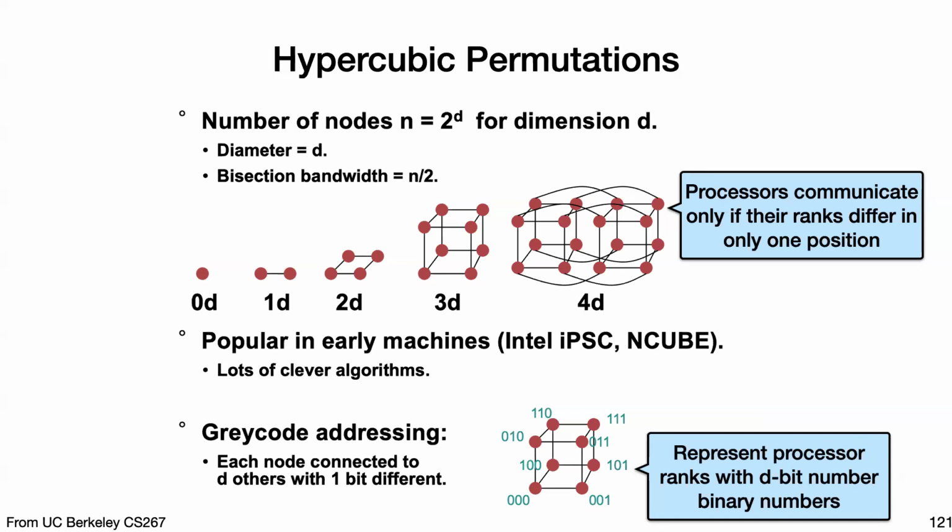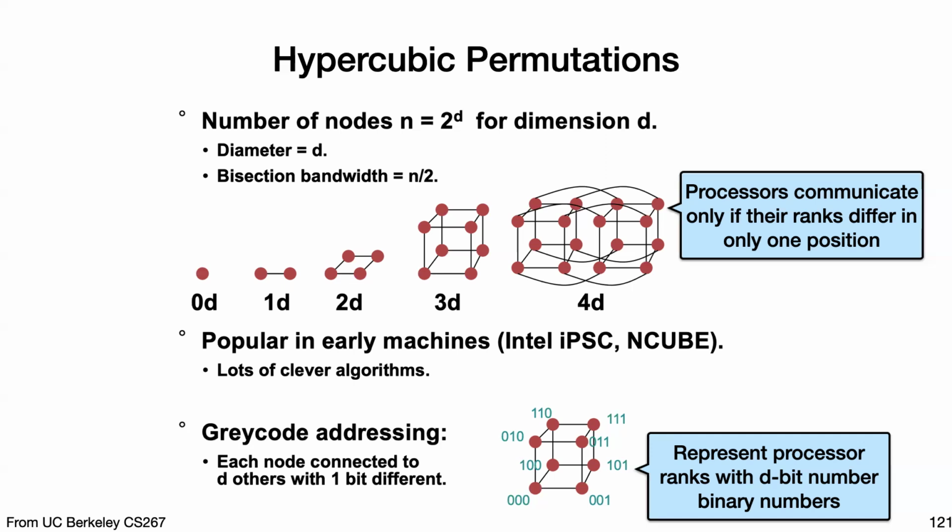If you have d bits to represent any rank, you have 2 to the d possible processors, and the processors that are connected differ by only 1 bit. So when d equals 3, for example, 0, 0, 0 is connected to 0, 0, 1, which differs in the last bit, 0, 1, 0, which differs in the middle bit, and 1, 0, 0, which differs in the first bit.